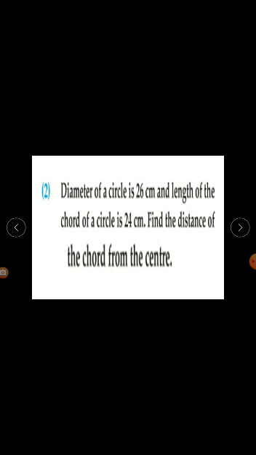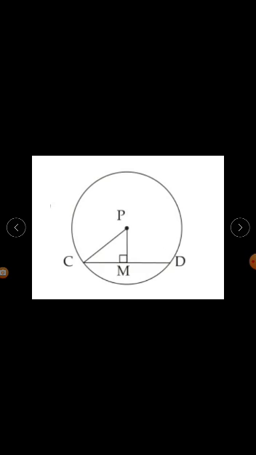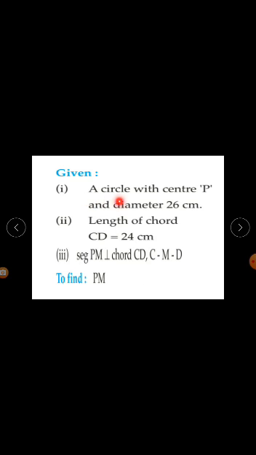Now, question number 2. Diameter of a circle is 26 centimeter and length of the chord of a circle is 24 centimeter. Find the distance of the chord from the center. So, what is given in this circle? A circle with center P and diameter is 26 centimeter given.